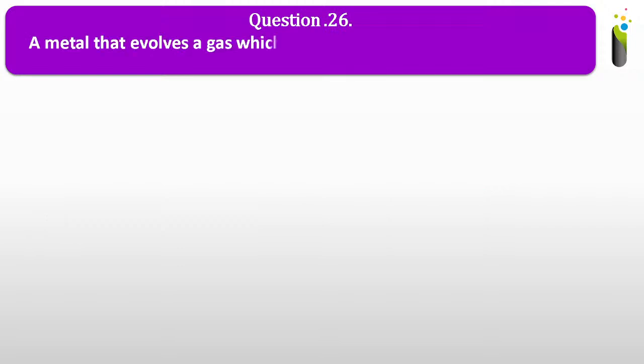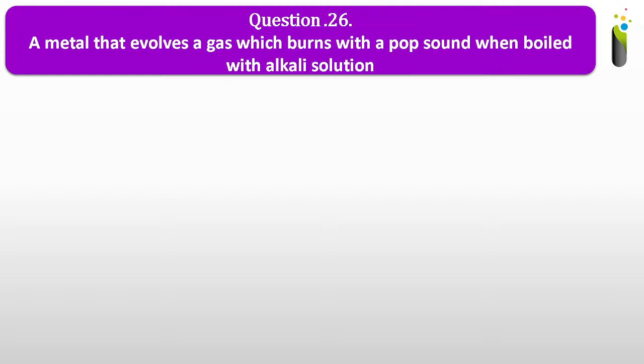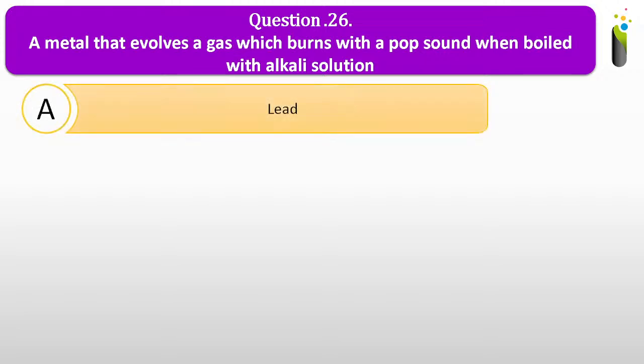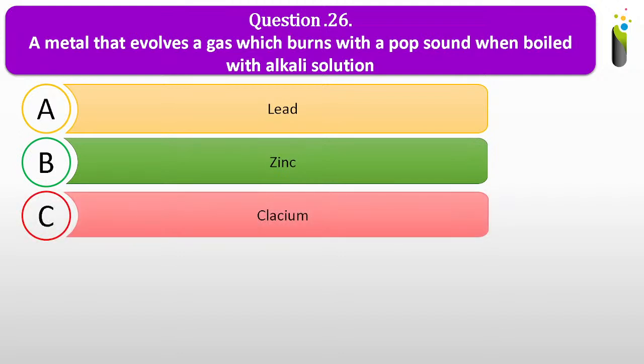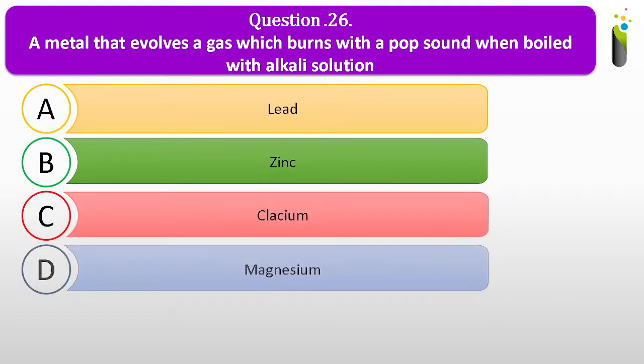A metal that evolves a gas which burns with a pop sound when boiled with alkali solution is dash. I repeat, a metal that evolves a gas which burns with a pop sound when boiled with alkali solution is dash. A. Is it lead? B. Is it zinc? C. Is it calcium? D. Is it magnesium?